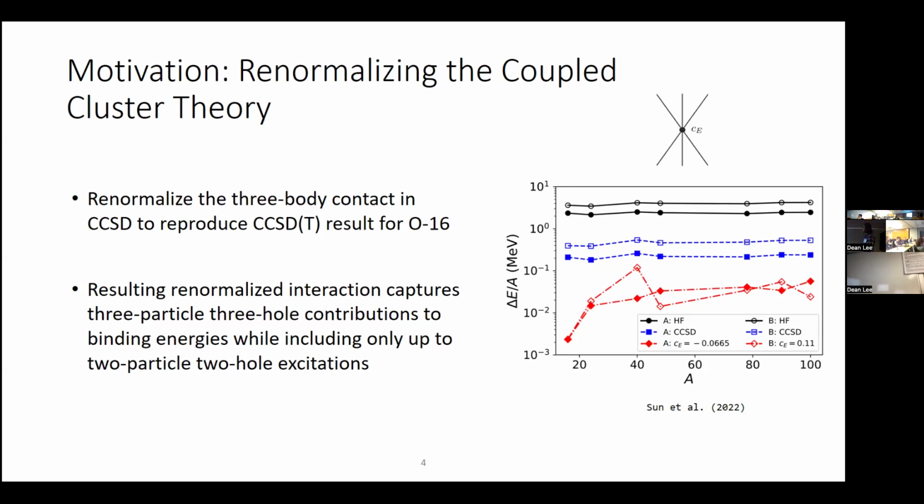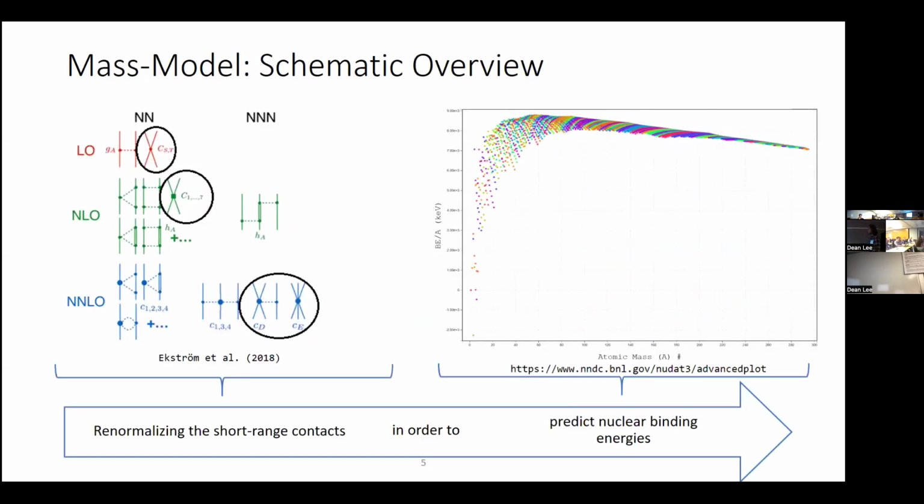So motivated by that, we wanted to explore whether it is possible to start with a chiral interaction and renormalize the short range contacts, the low energy coefficients in the interactions, so as to accurately describe nuclear binding energies.